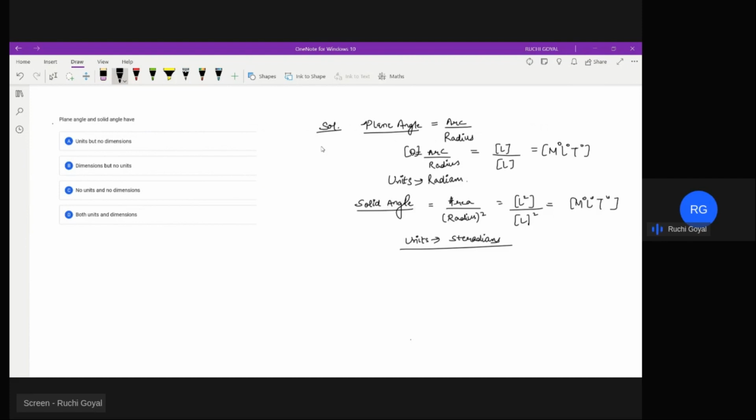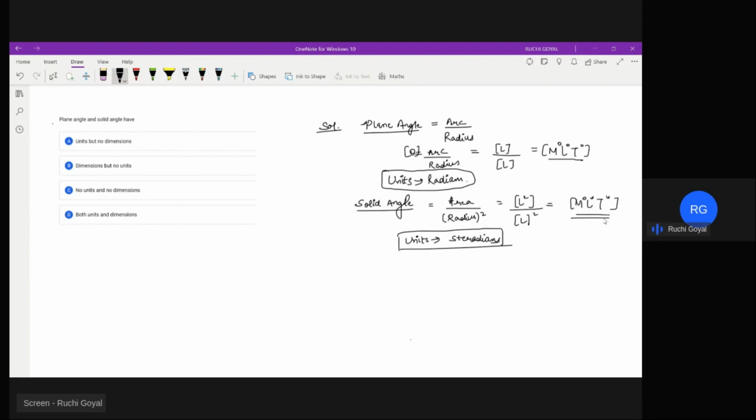So from here what we are seeing, that plane angle has dimensions M0, L0, T0, but it is having a unit, that is radians. So solid angle is also having a unit steradian, but it is not having any dimensions.